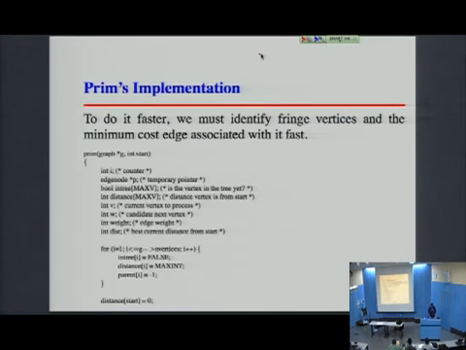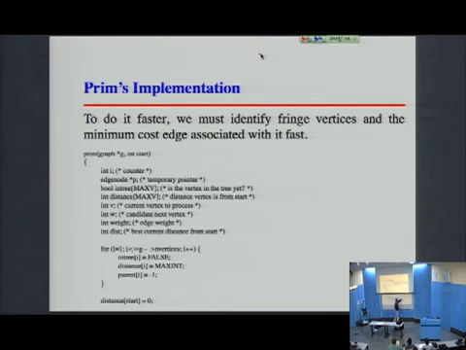To do this, let me explain the idea before I show you the code, because the idea is not that complicated. What is our problem? In the middle of our execution, we started from some vertex S. We've got some cloud of vertices that are in our tree.